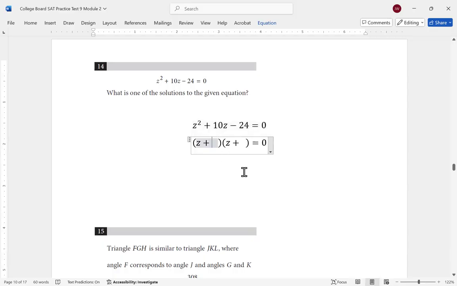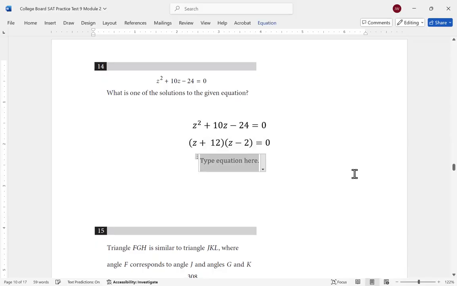So if I put in a 12 and a -2, 12 times -2 multiplies to give me -24 and adds to give me +10. Now we have the left-hand side factored and set equal to 0 on the right-hand side.